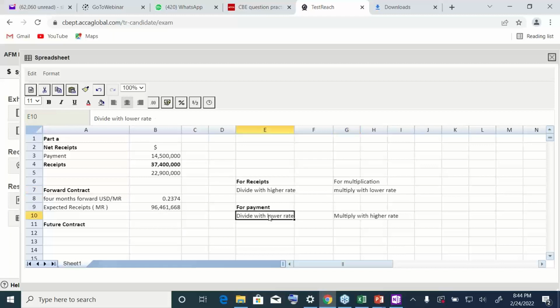For payment, adverse position means you have to pay more. Pay more means you will divide with a lower rate, and in case of multiplication, you will multiply with a higher rate. Always consider yourself at adverse position.